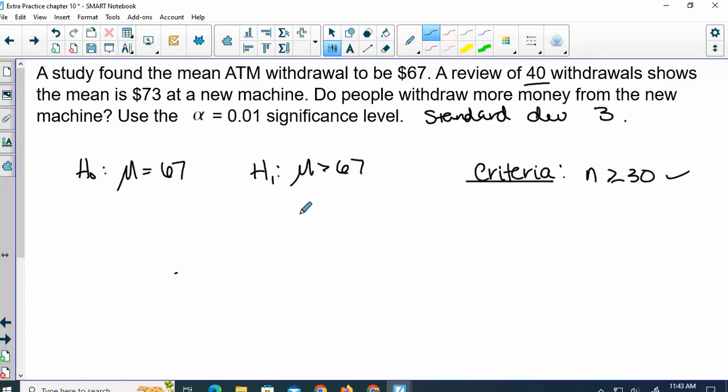Hold on. Yeah, let's make standard deviation 23. That'll make it better. Okay, so then what do we get for the t value? The probability?